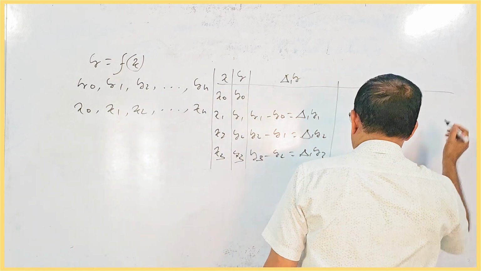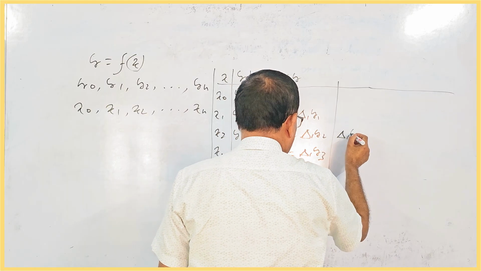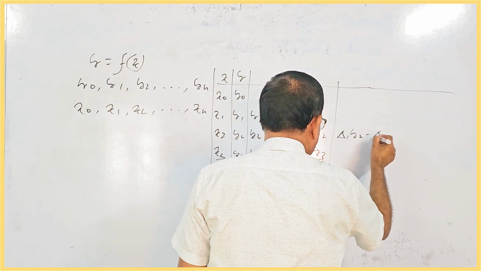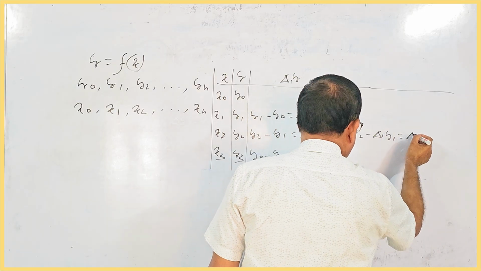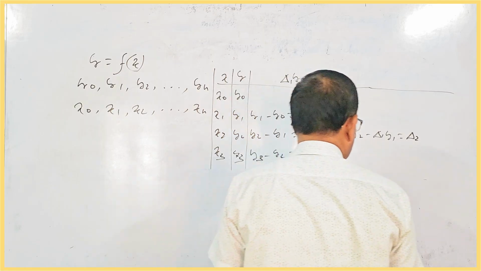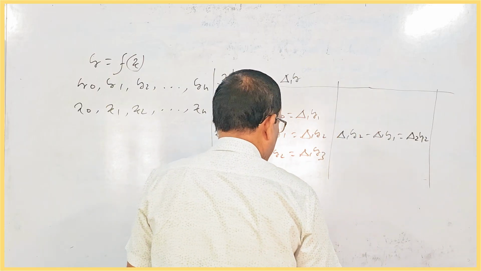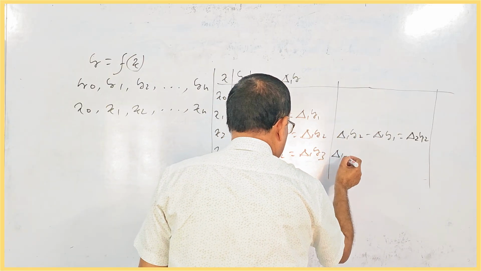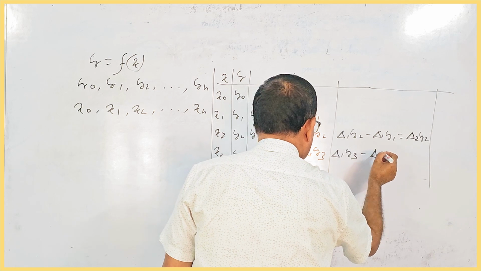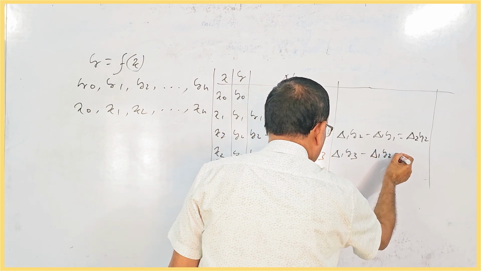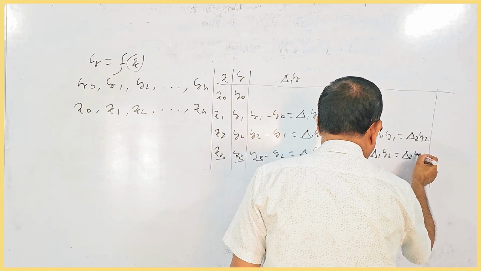Next, I will define this delta 1 y2 minus delta 1 y1. This is equal to delta 2 y2. Similarly, delta 1 y3 minus delta 1 y2 is equal to delta 2 y3.